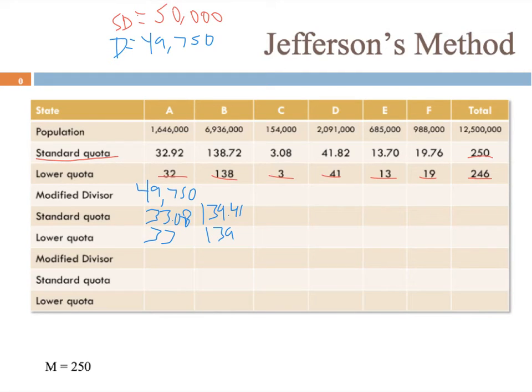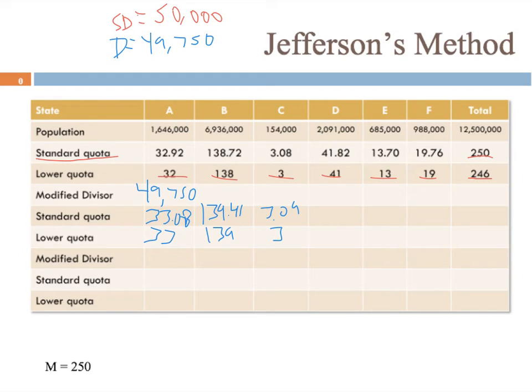That's another one that's changed, so that's looking good so far. Next one is 154,000 divided by, oops, not 50,000, but 49,750. We're getting 3.09, so that's one that doesn't change.